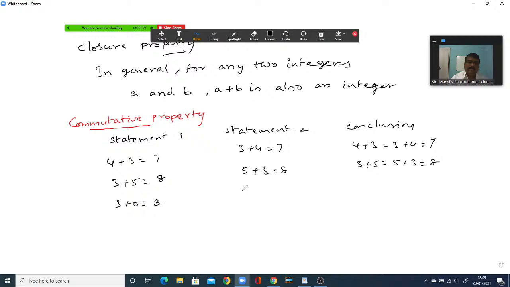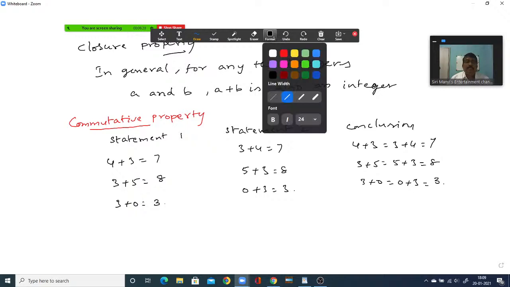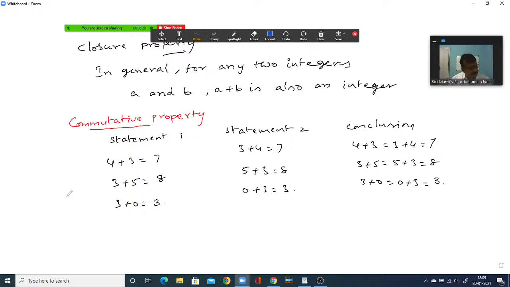Next, 0 plus 3 is also 3. So 3 plus 0 and 0 plus 3 is equal to 3. Again I am going to take some more examples.